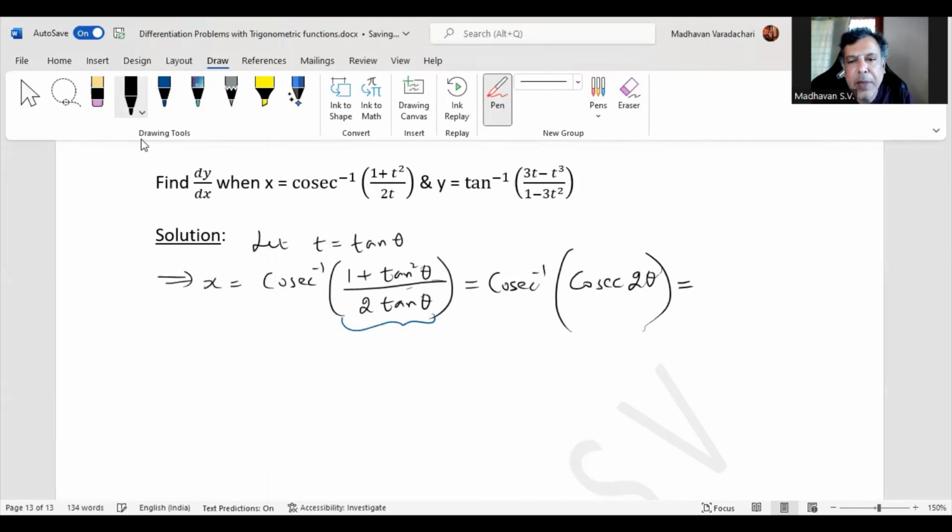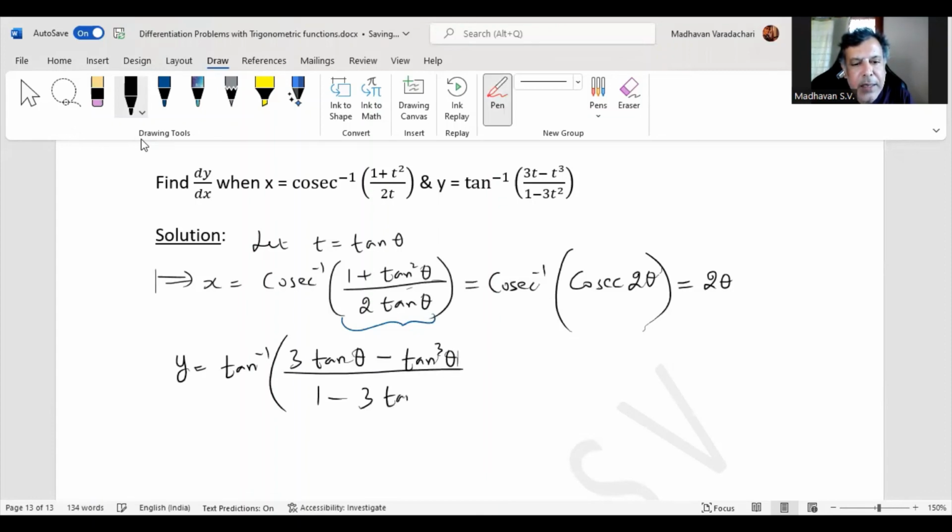So this will become now cosecant inverse of cosecant of 2 theta, which is nothing but 2 times theta. Similarly, now y is equal to tan inverse of 3 times tan theta minus tan cube theta divided by 1 minus 3 tan square theta.